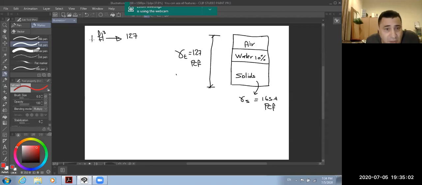That means the weight of 1 cubic foot is equal to 127 pounds. This is what we have right now.